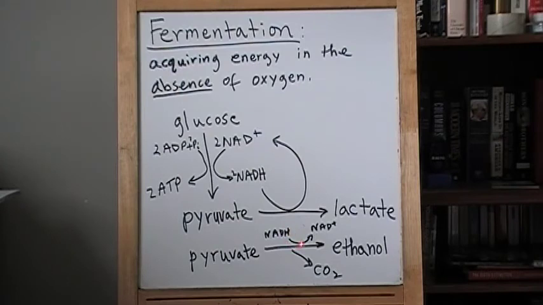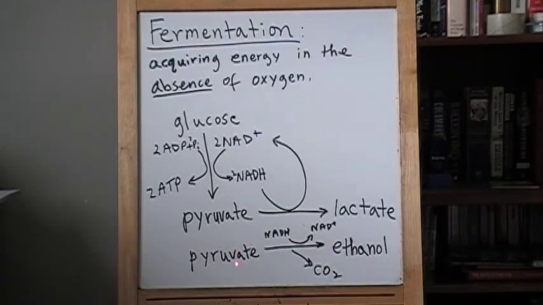And the reduction in this case produces ethanol. So this is used by yeast to produce ethanol, and this is how all of our alcoholic beverages are produced, is by yeast doing glycolysis, and then the pyruvate is reduced with formation of CO2 gas and ethanol.